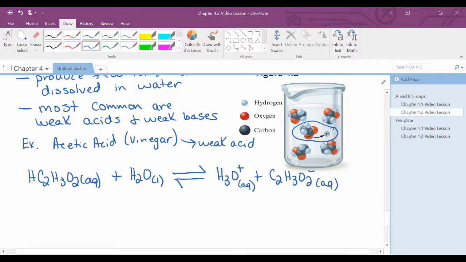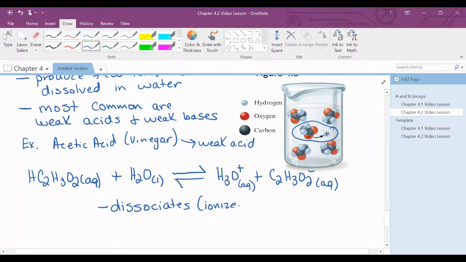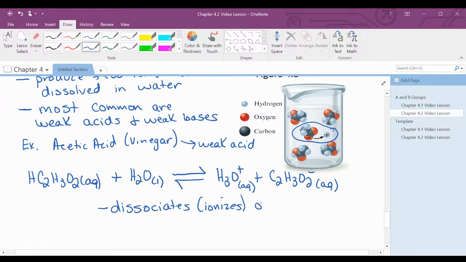So in a beaker, or a solution, if you looked at it, you would have hydronium ions, you would have acetate ions, you would have water molecules, and you would have acetic acid molecules, because you have the reaction forming ions and then the ions going back and forming acetic acid and water. So this dissociates or ionizes only to a slight extent.